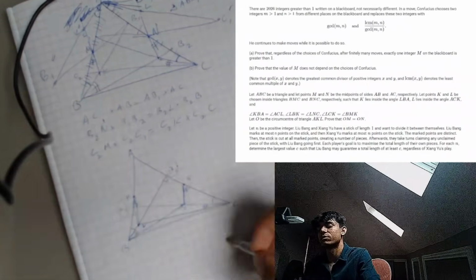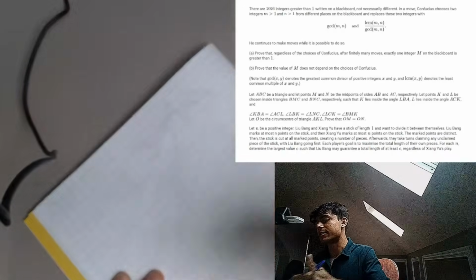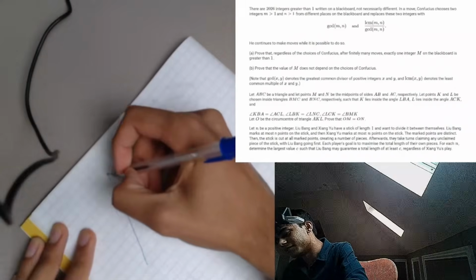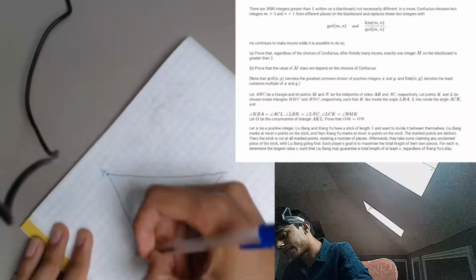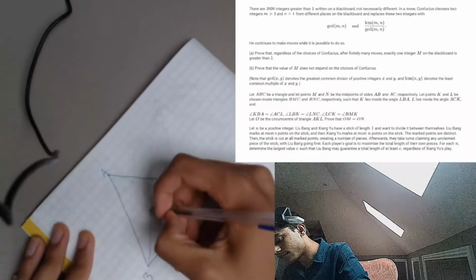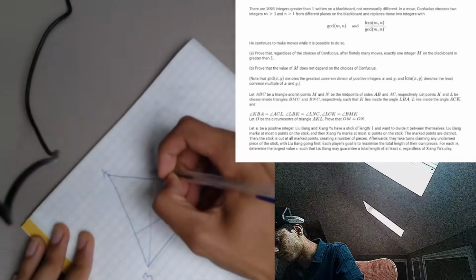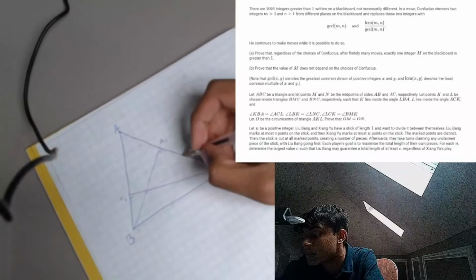Okay, let's solve this special case. I don't like this diagram, so let's try to solve the special case on a better diagram. That's our next best course of action. Okay, and now we take the points.